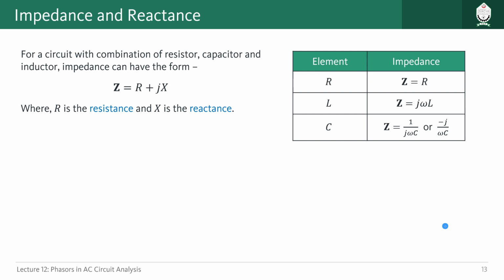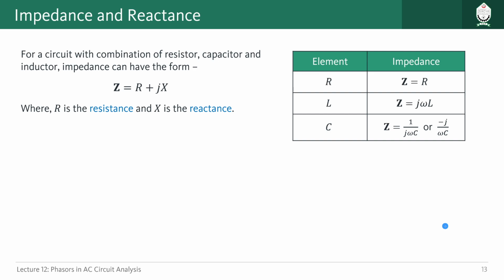Now finally, we have another term called reactance. What is reactance? There can be situations when we have different elements, like different resistors, capacitors and inductors, interconnected with each other, and they can have an equivalent impedance, the total impedance of the whole circuit.